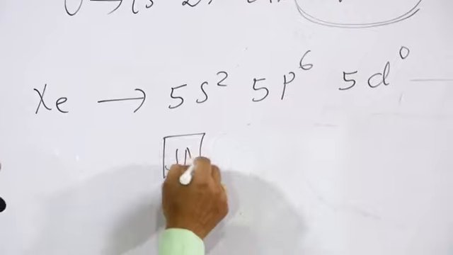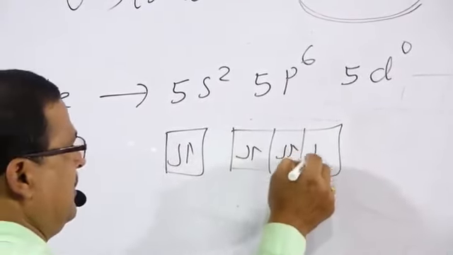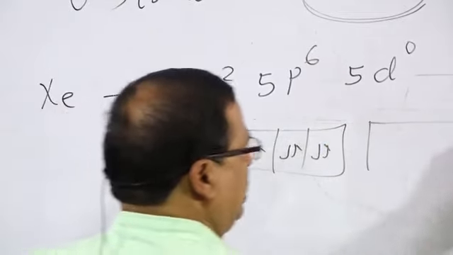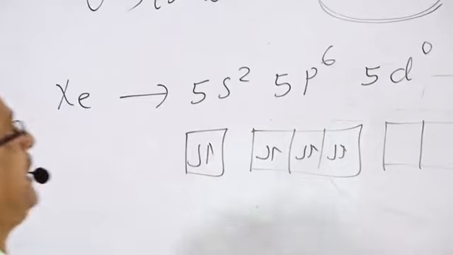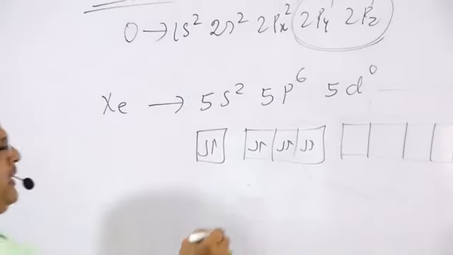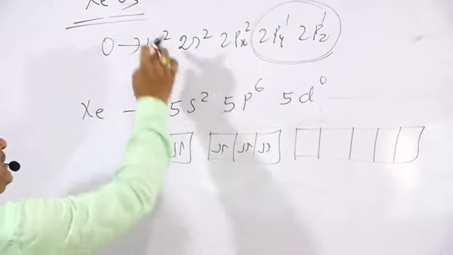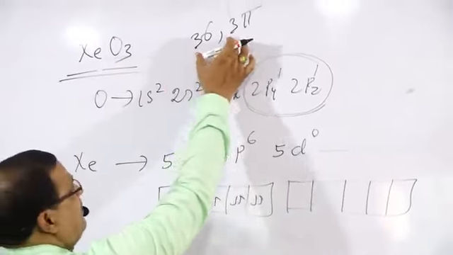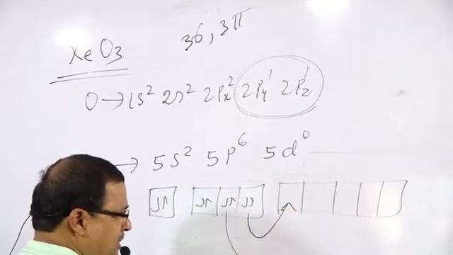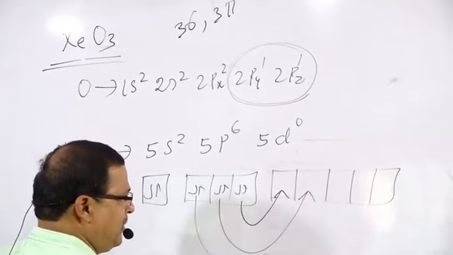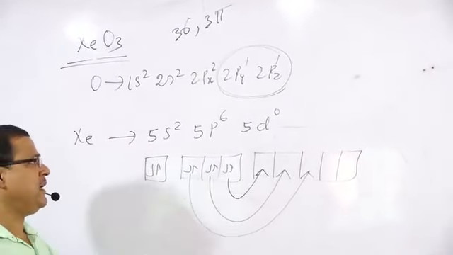The 5s2 is paired, 5p6 is 3 paired, and 5d0 has no such electrons. So for the formation of 6 bonds, 3 paired electrons will be unpaired, giving 6 unpaired electrons.